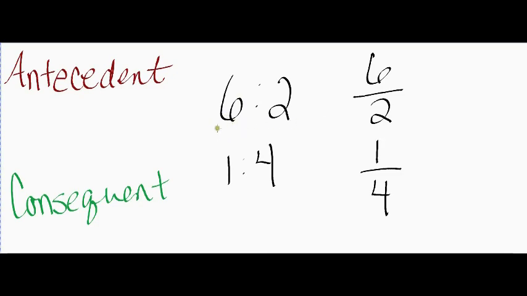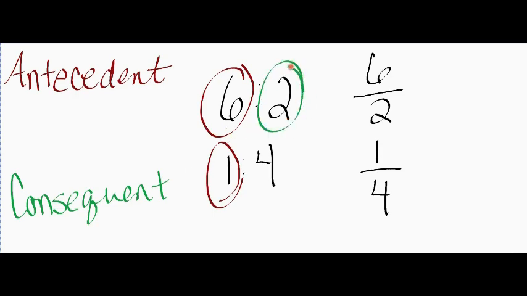So in this example, 6 to 2, the 6 is the antecedent, and over here where we have 1 to 4, the 1 is the antecedent. And the consequent is always going to come second, so in our example 6 to 2, the 2 is the consequent. In our example 1 to 4, the 4 is the consequent.